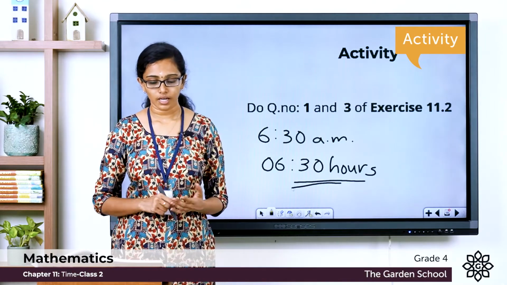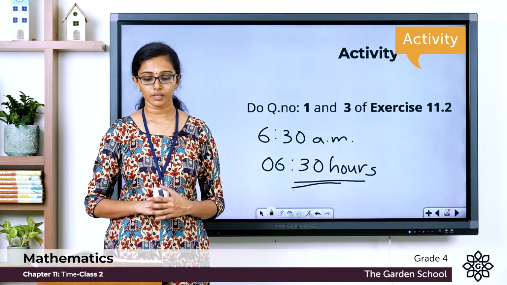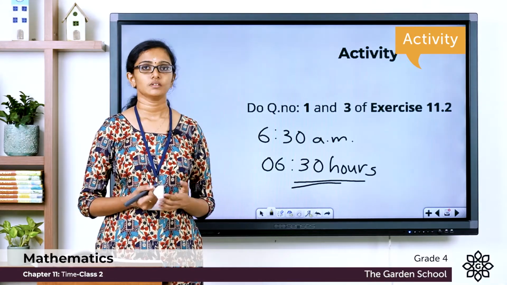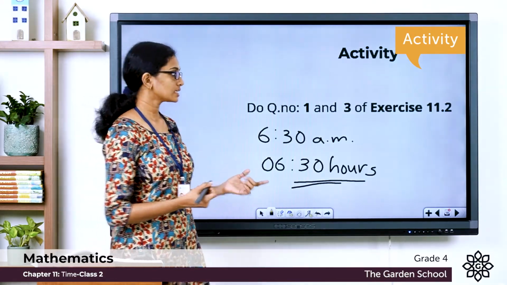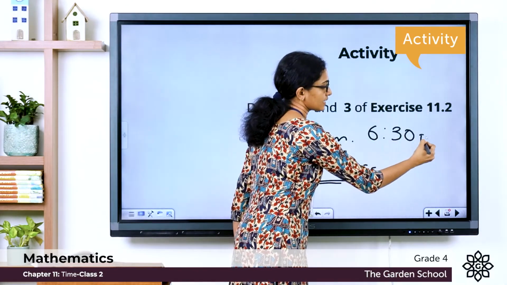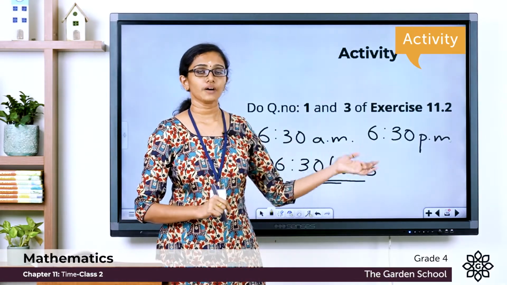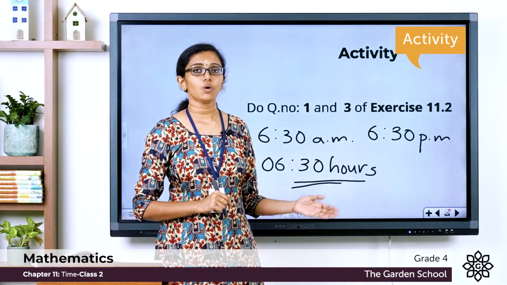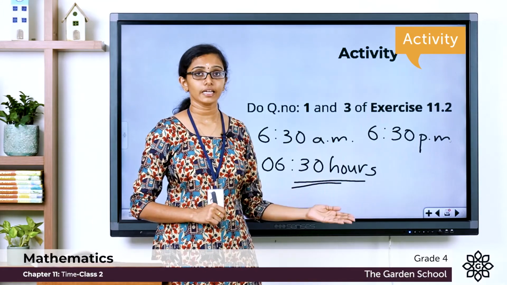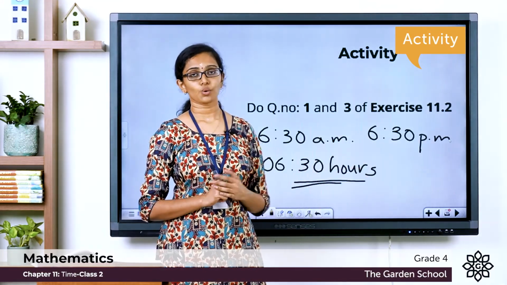Now the next one: Akshay comes back from office at 6:30 PM or dash every day. Here time is given as 6:30 PM, which means it's 6:30 in the evening. We know in the 24-hour clock system, after 12 in the noon, we count the hours as 13, 14, 15, 16 and so on.